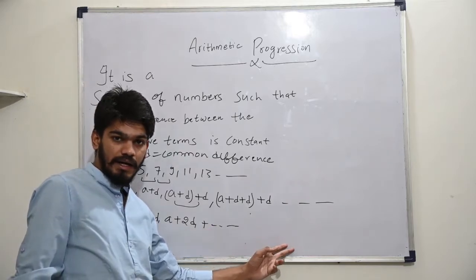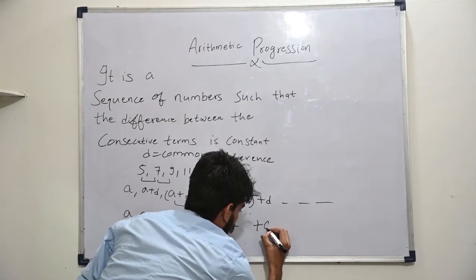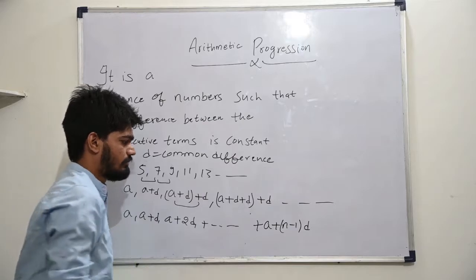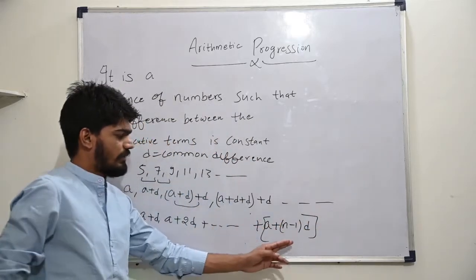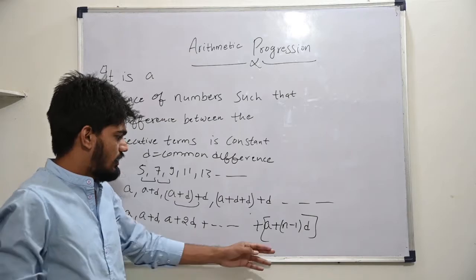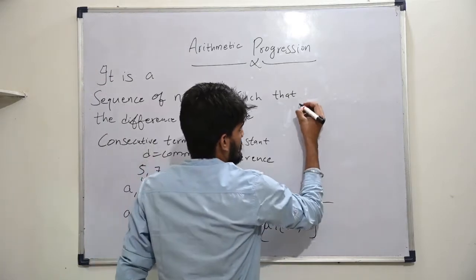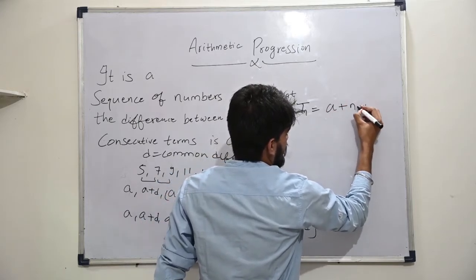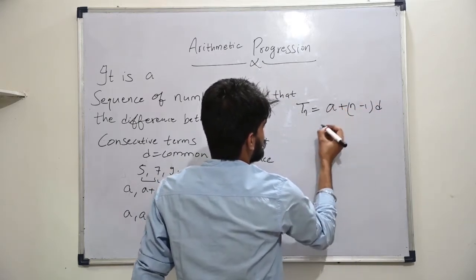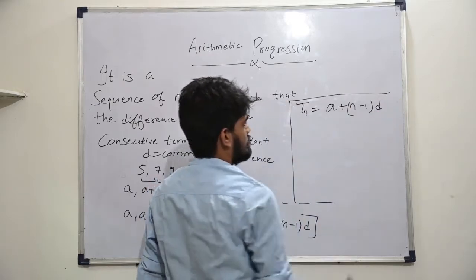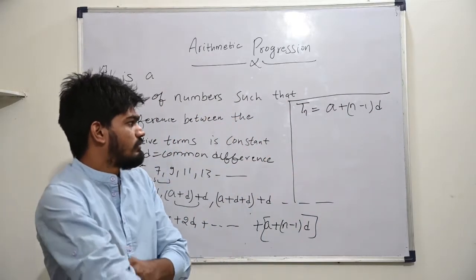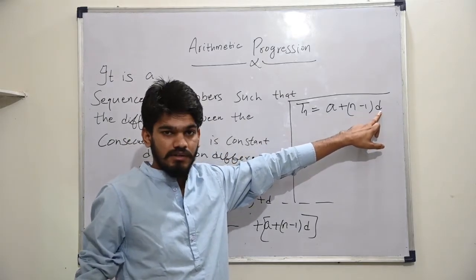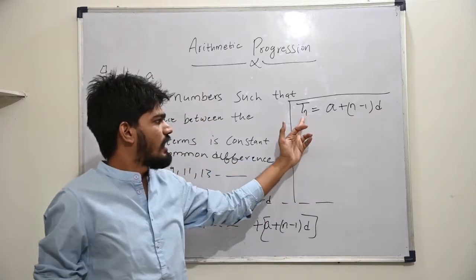Same way, if we have the nth term, it will be A plus n minus 1 D. So let's define this nth term with Tn. So Tn is A plus n minus 1 D. Here A is the first term, n is the number of terms, and D is the common difference. Combined, this is the nth term.